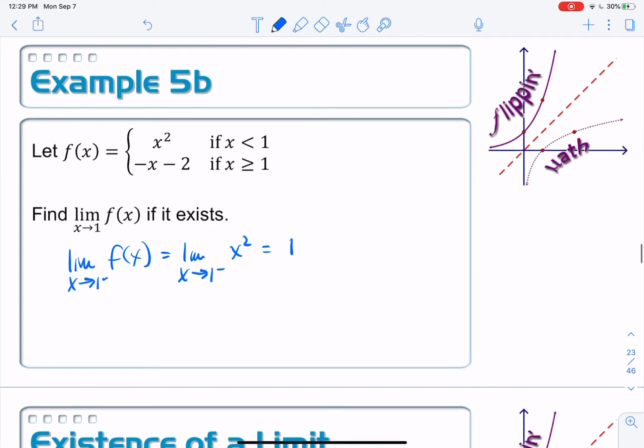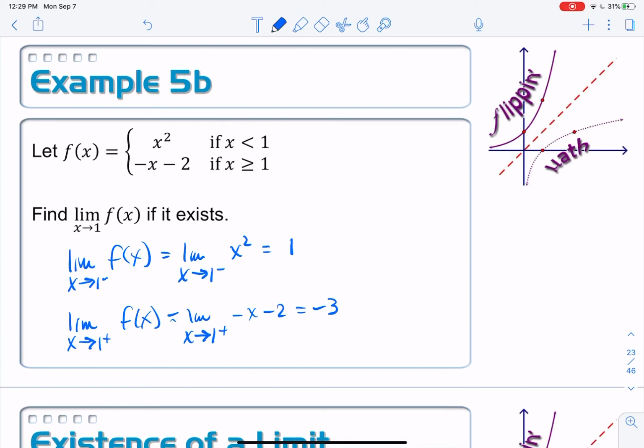Nice. So let's try the same thing from the other side, the limit as x approaches 1 from the right. And on the right side, that is the bottom piece where x is greater than or equal to 1. That's the same thing as the limit as x approaches 1 from the right of negative x minus 2. And this time, when I plug in 1, I have negative 1 minus 2, which is negative 3.